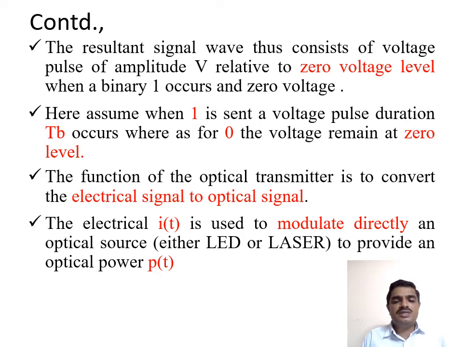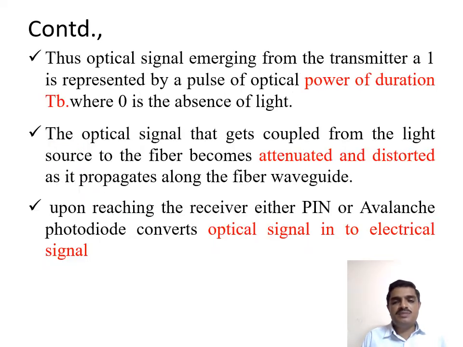Electrical current I of t is used to modulate an optical source directly, either LED or laser, to provide an optical power P of t. The optical signal emerging from the transmitter is represented by a pulse of optical power of duration TB for 1, where 0 is the absence of light.